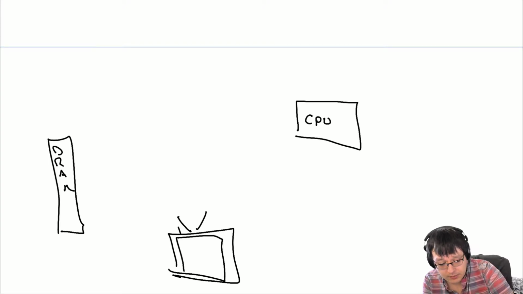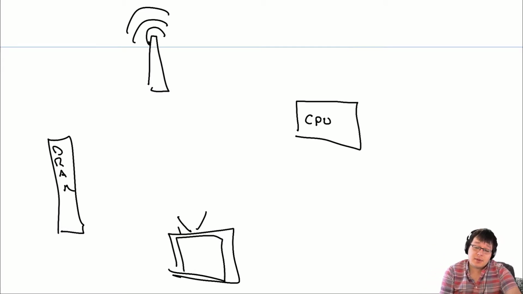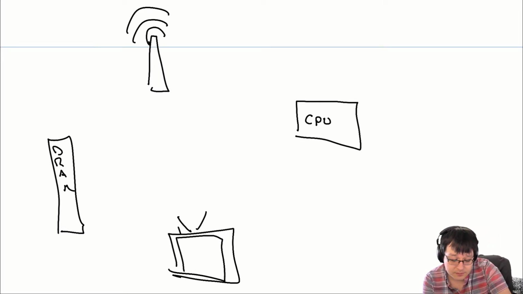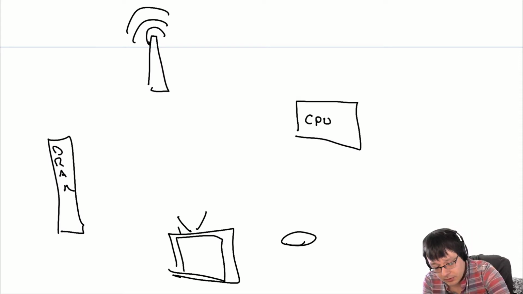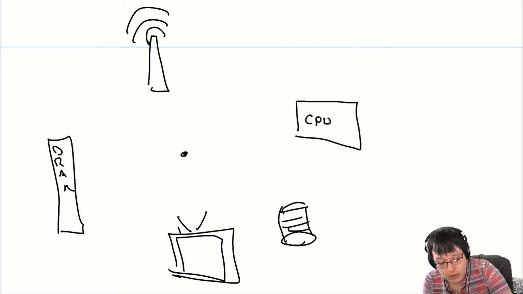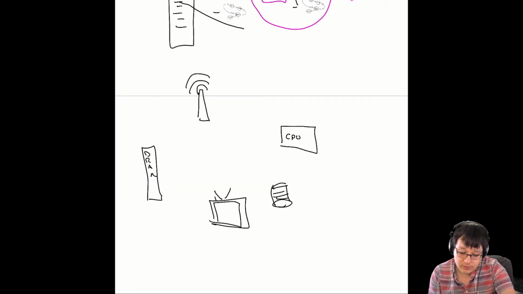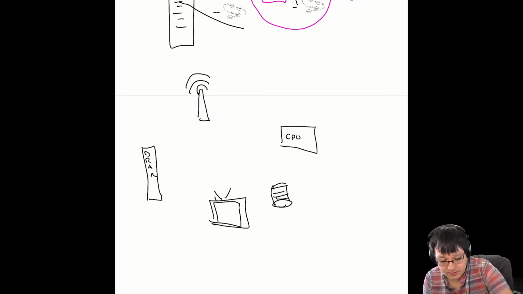Then maybe a communication device, like internet, and I suppose you also want a hard drive. So how do you connect them? Because there are two ways, I'm going to copy and paste my picture.